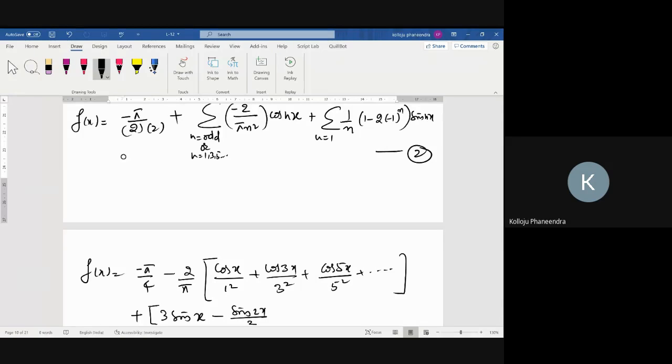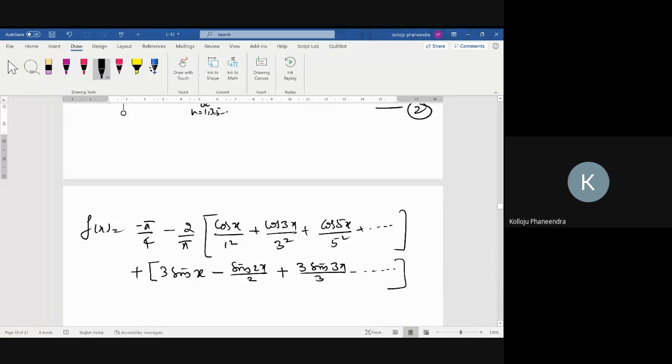When n equal to 3, that is negative again, 3 sine 3x by 3, and so on. This is the Fourier series expansion.